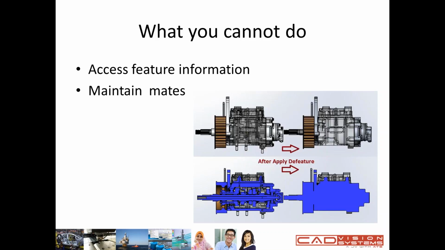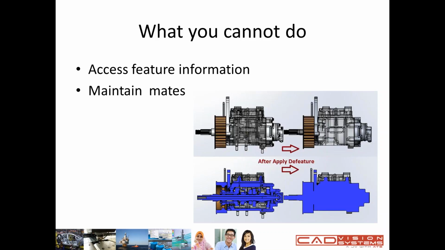As you can see on the left hand side, the top one is before I apply the section view, and the bottom one is in the section view. On the left hand side, you can see all the detailing inside the section view, all the components inside, everything shows up.